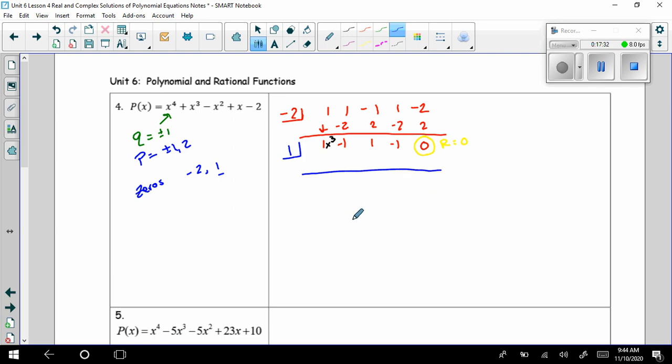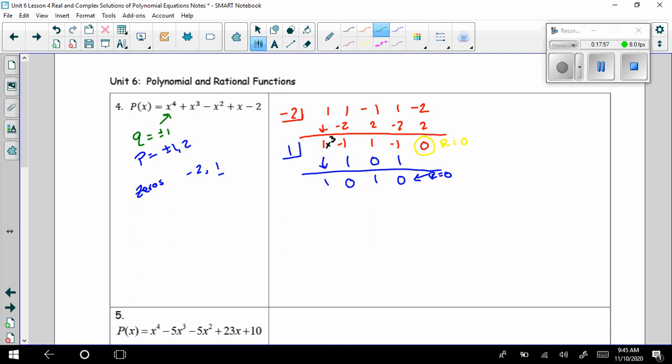I'm just going to draw my line again and divide by 1. All right, so the first term comes down. 1 times 1 is 1. Add, multiply, add, multiply, add. And once again, I have a remainder of 0, showing me that it did, in fact, cross at 1. So 1 and -2 are both zeros of my function.